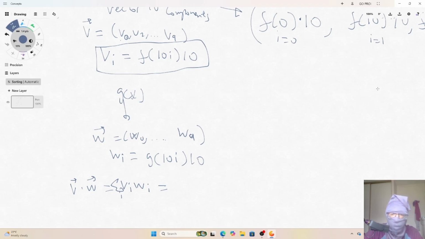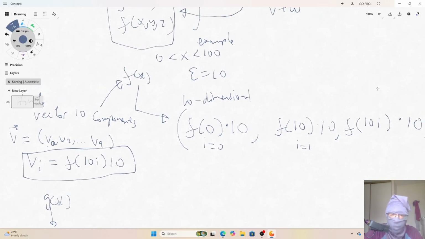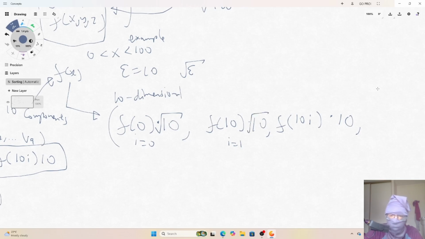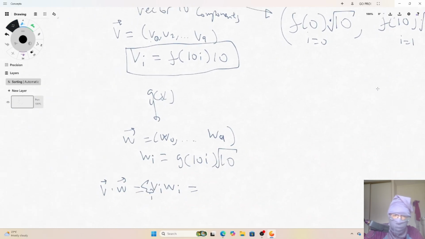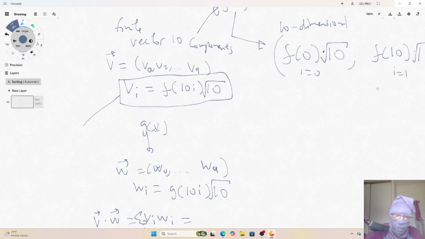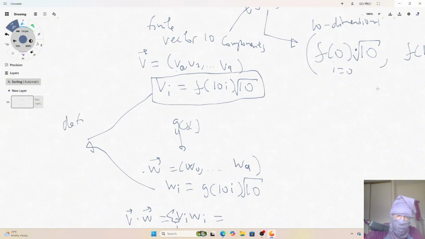oh yeah, so I'd like to correct myself. Suppose that we want to scale the components by the square root of epsilon, we wouldn't want to scale it by epsilon itself. It's just going to give the same vector, but stretched out or squished a little bit. So let's correct the formula. This is like a defining way. We define these vectors.